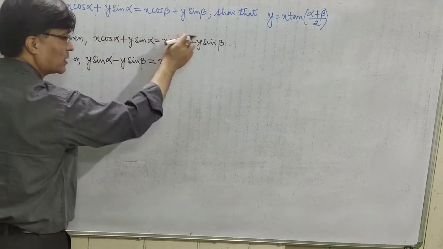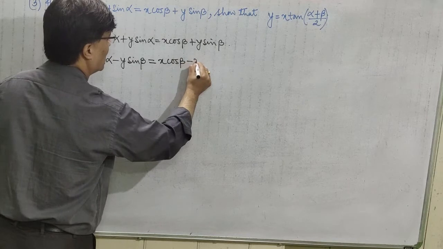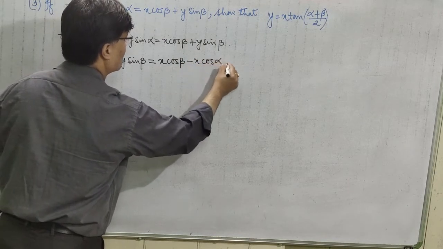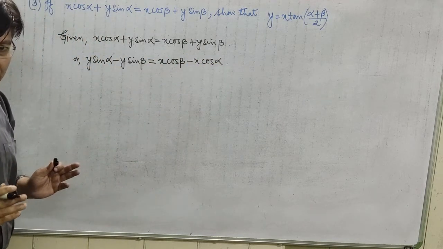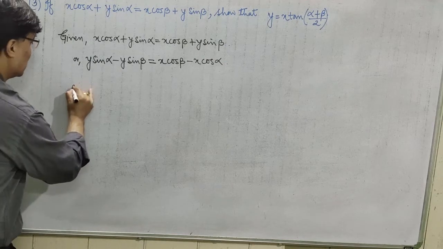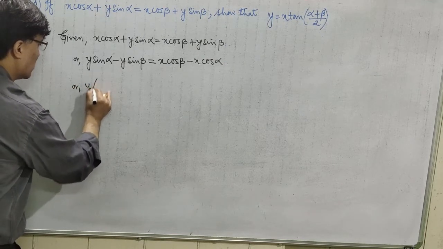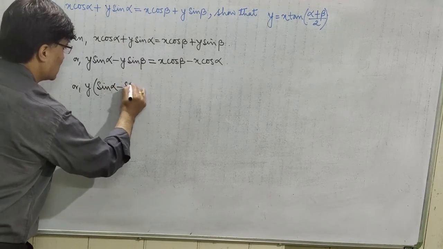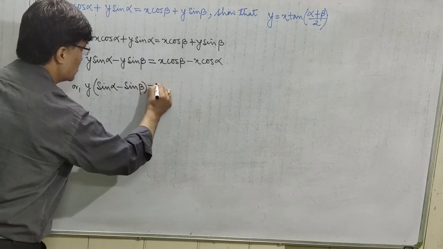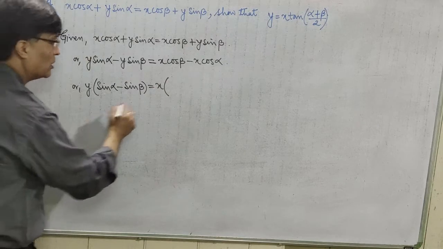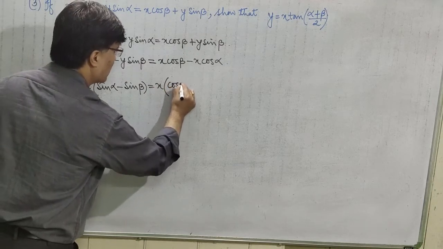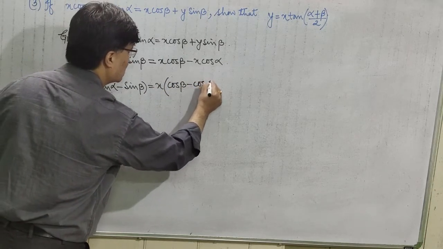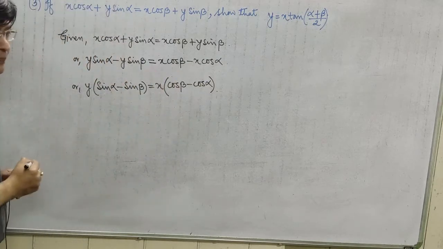This x cos alpha is taken to the right hand side, becomes minus x cos alpha. Okay, so now we can take common here. So here y is taken common. Within bracket we have sin alpha minus sin beta is equal to x is common out here. So within bracket we have cos beta minus cos alpha.